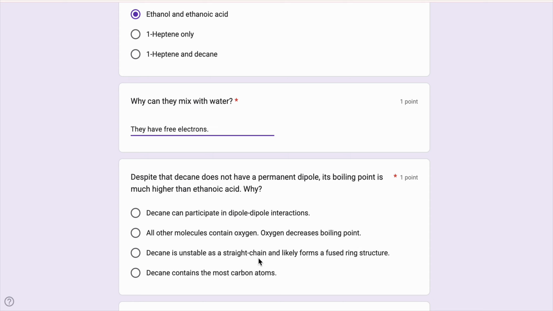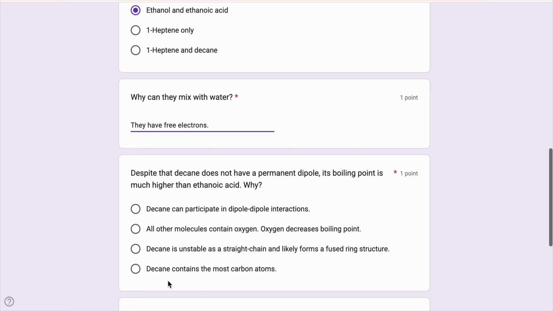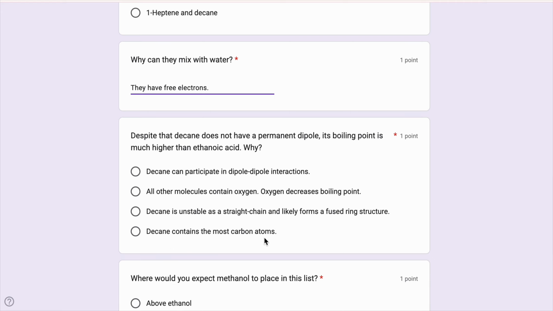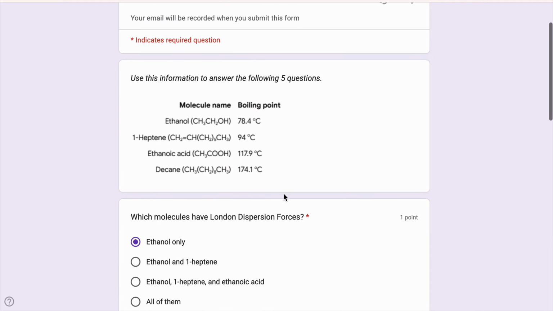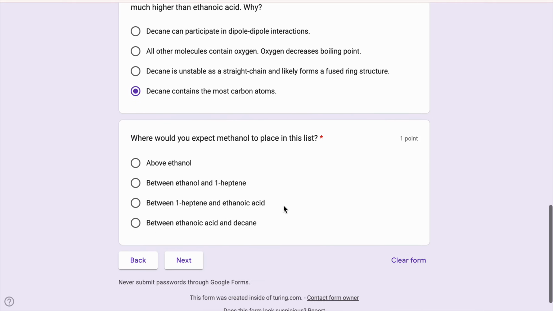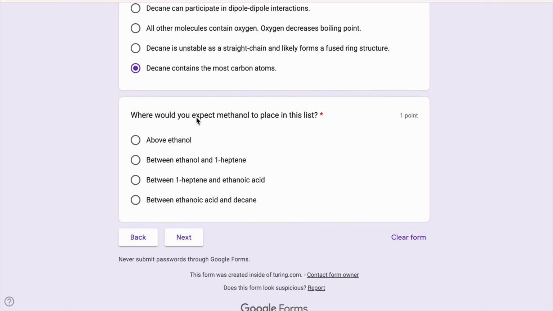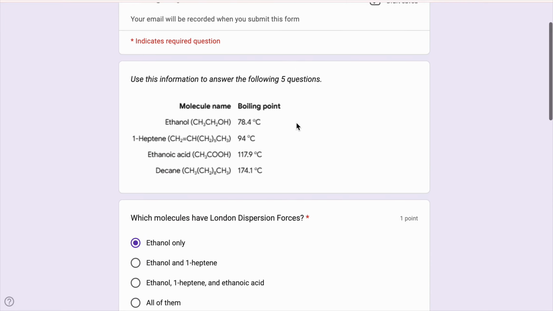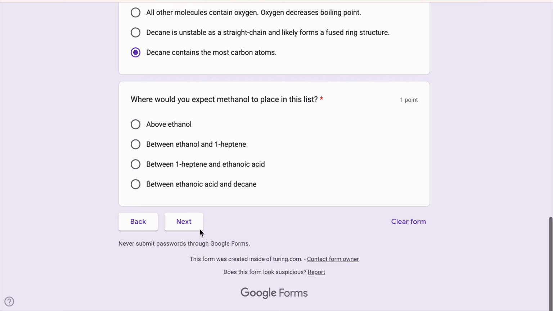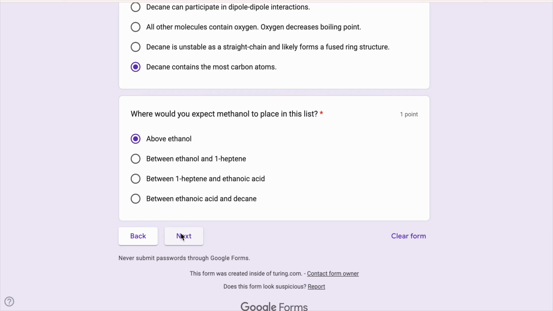Decane is unstable as a straight chain and likely it forms a fused ring structure. Decane contains the most carbon atoms. Maybe decane contains the most carbon atoms. Where would you expect methanol to place in this list? Before ethanol, above ethanol.